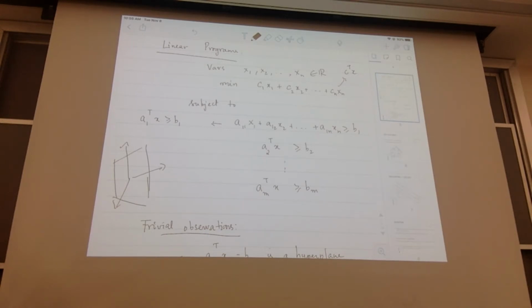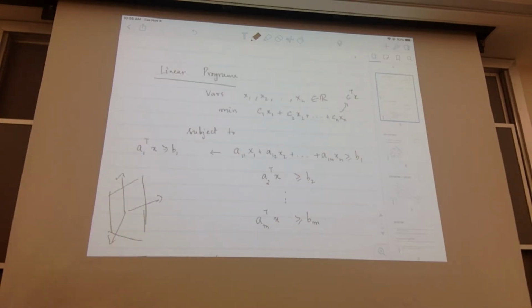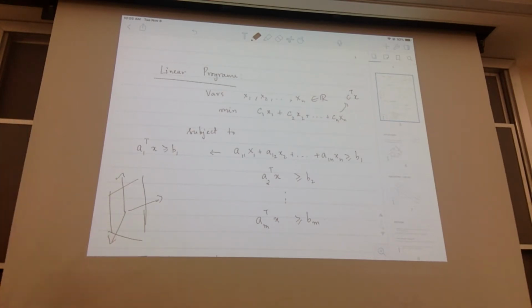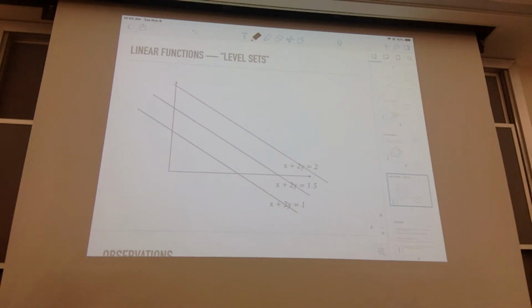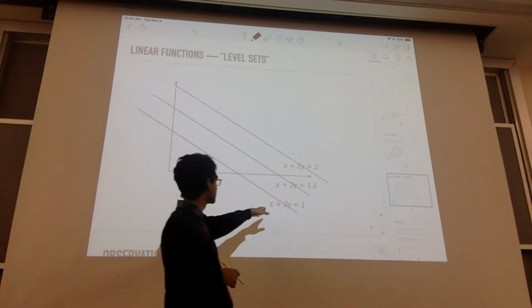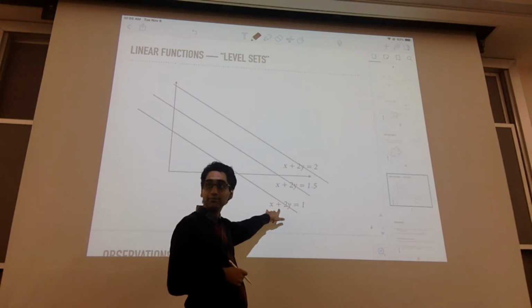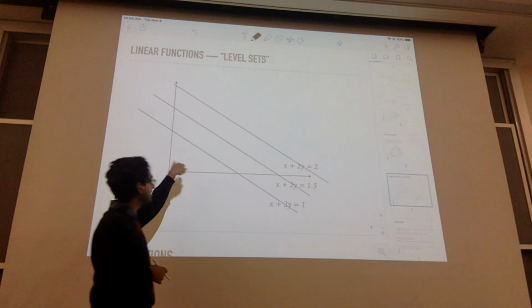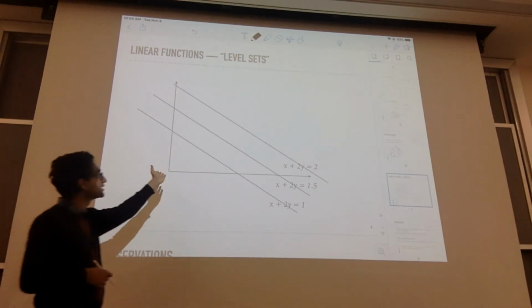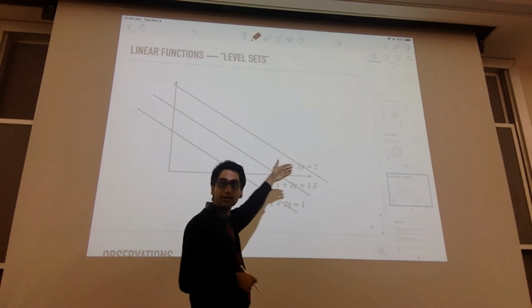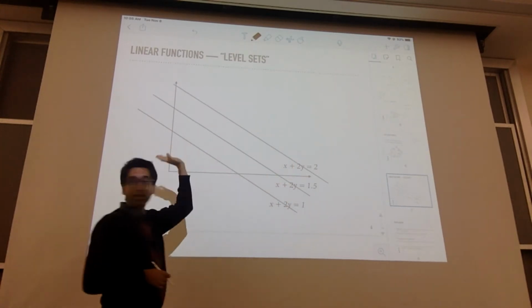So the first thing was, how do you visualize these linear constraints? One of the useful facts was this. We said that if you have a linear function, in this case x plus 2y, and your variables are x and y, then the level sets of this, which basically means x plus 2y equals 1, x plus 2y equals 1.5, and so on, would be parallel lines.